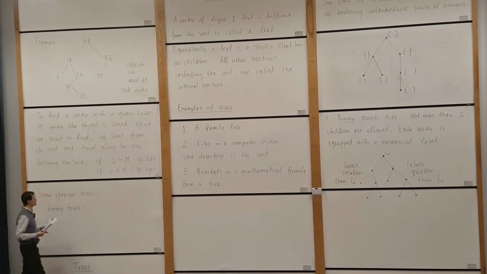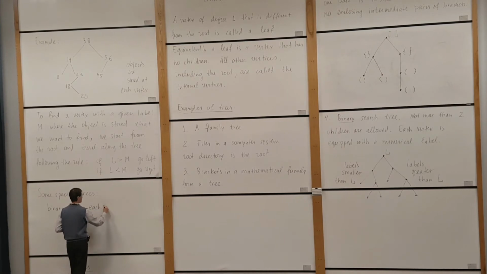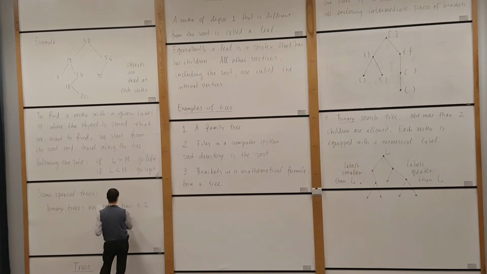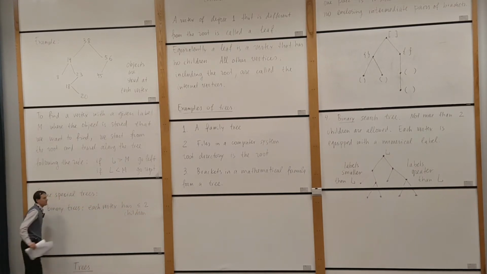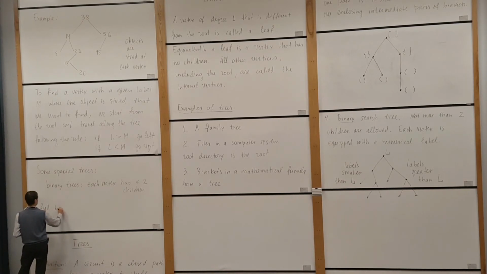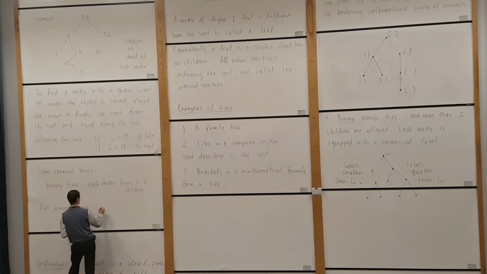A binary tree is a tree in which each vertex has less or equal than 2 children. And if you're allowed to have 0 children or precisely 2 children, then this is called a full binary tree. Full binary trees have 0 or 2 children.